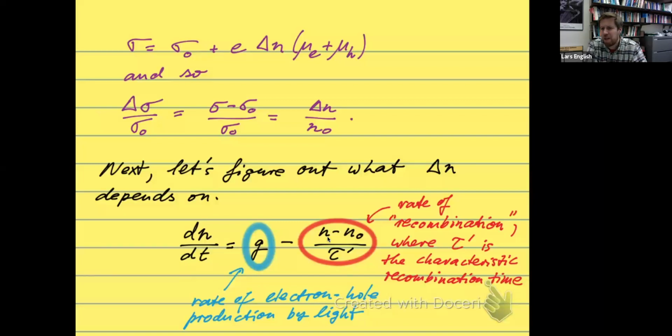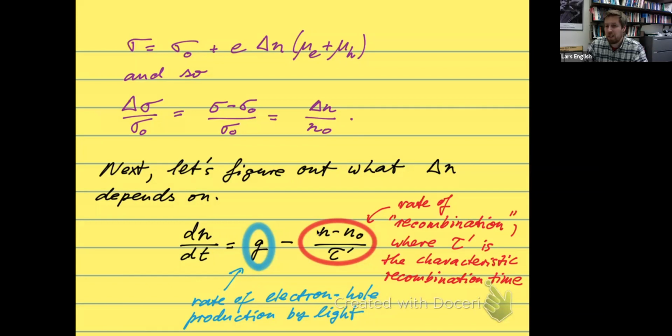And so that recombination rate, it's a rate, right? Obviously it should depend on how many pairs we have above normal, if you will. So how much larger is N compared to N naught? If N is equal to N naught, then we're good. We don't have to change anything.